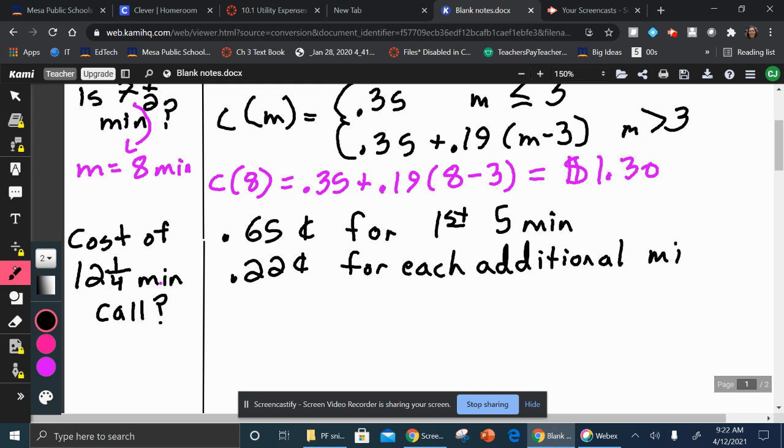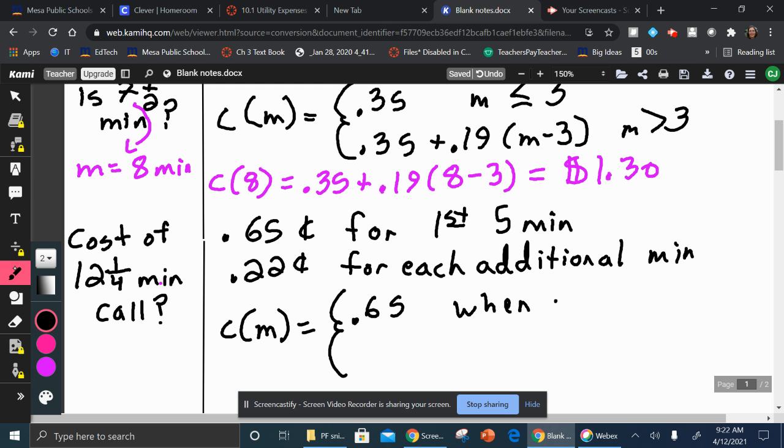Okay, so we have the cost. Okay, so it's going to be 65 cents when the number of minutes is less than or equal to 5.